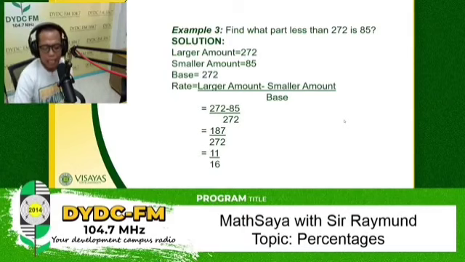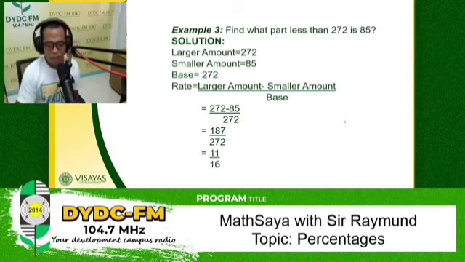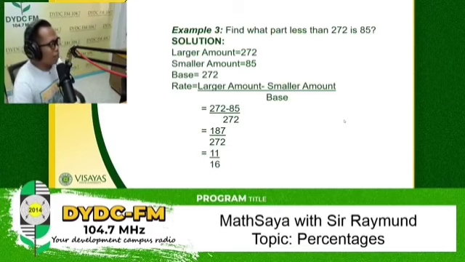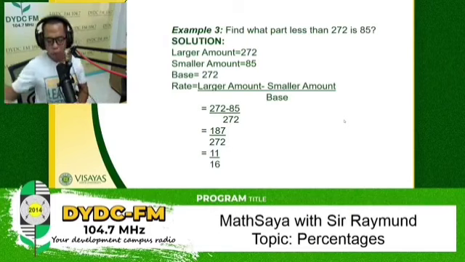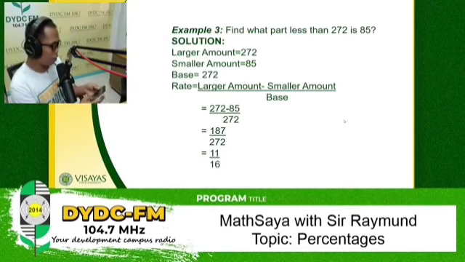Divide by the base, that's 272. That's 11/16. That is the rate in fraction form. Now, if you want to convert that into percent form, all you have to do is multiply that by 100. So 11/16 times 100. Let's check it on the calculator.